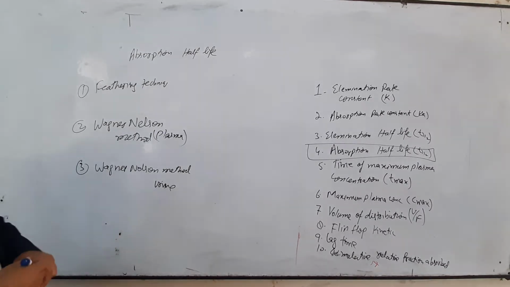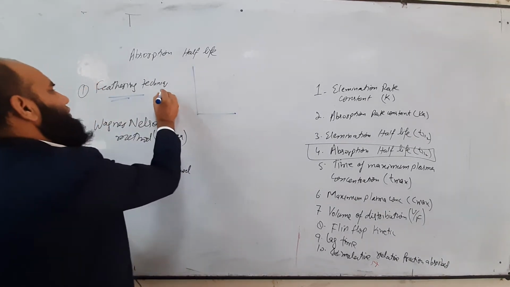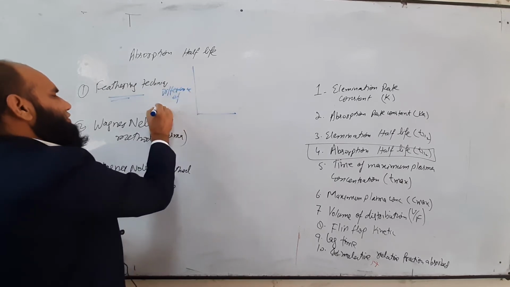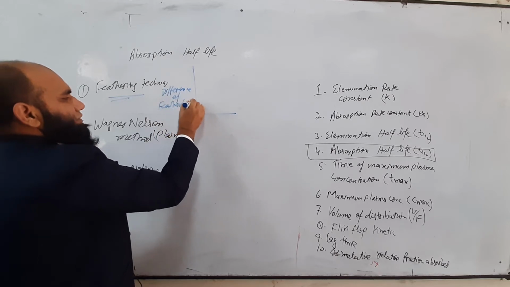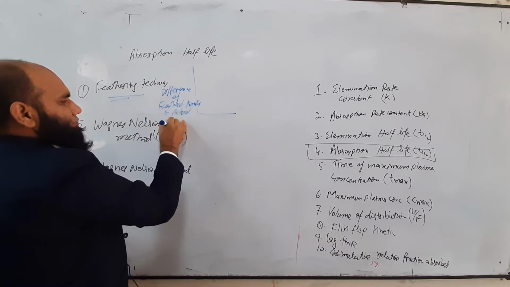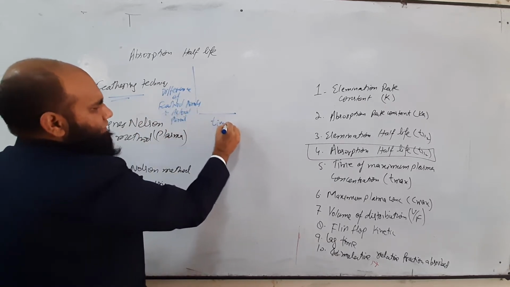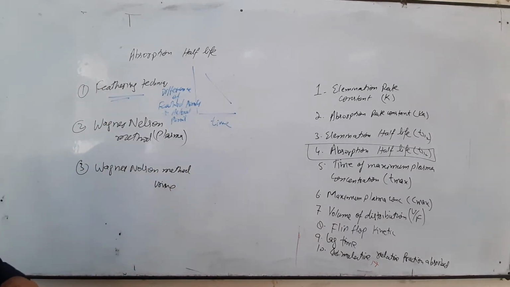Okay, how? For example, in case of the feathering technique, what we have done is take the difference of feathered points and actual points on the y-axis and time on the x-axis, and we have got this type of curve, a straight line, just like the elimination.